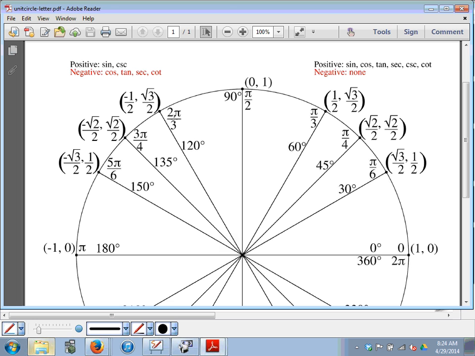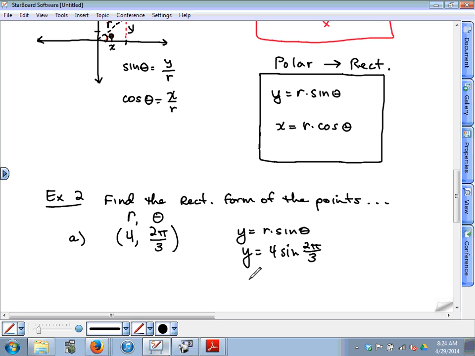The sine of 2π/3 is √3/2. So y is equal to 4 times √3/2.